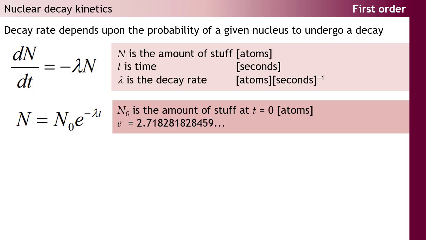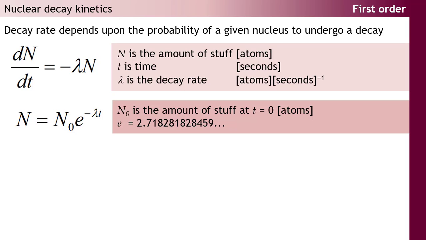The equation that shows us how the quantity changes over time is simply an exponential decay, where the index is the negative product of the rate and the time elapsed. The pre-exponential term, n subscript 0, scales the curve to fit the quantity of stuff that we started with at time 0. Here the Greek letter lambda is our decay rate.